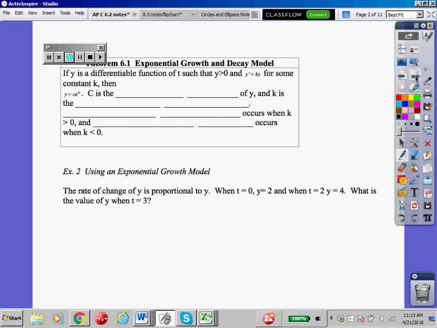So you either memorize it or we figure it out. C is the initial value of y. K is called the proportionality constant. Exponential growth occurs if k is positive, and exponential decay occurs if k is negative.